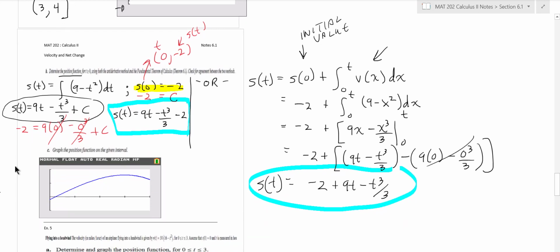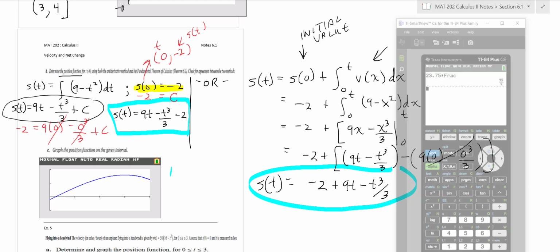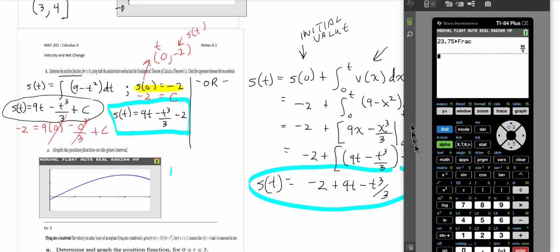Okay, let's see. So graph the position function. I want to show you something on this, and see if you can make a connection. If you put this position function in your calculator, I'm going to put that in. So our answer was -2 plus 9t minus x to the third over 3.